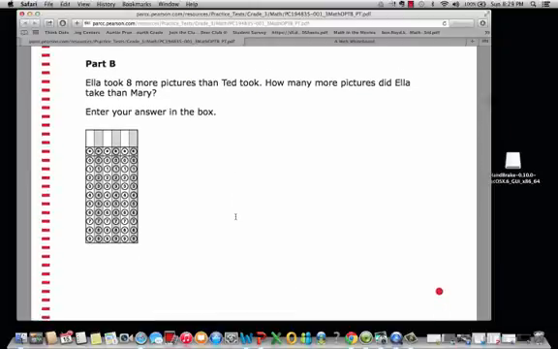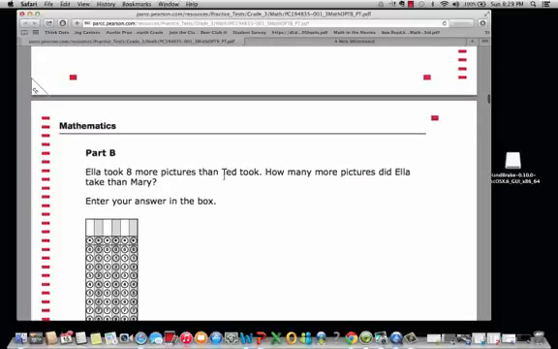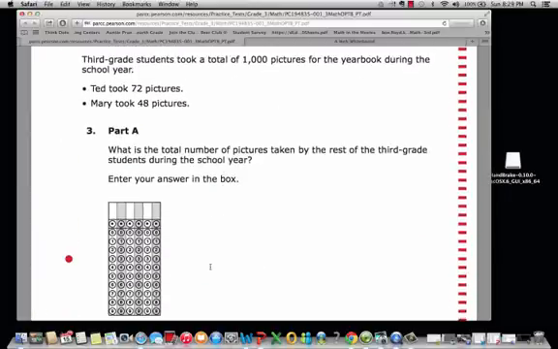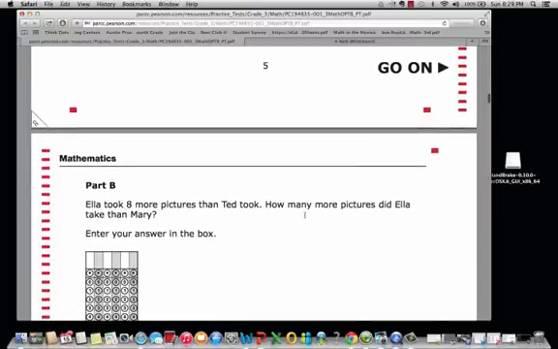Now, part 2. Ella took 8 more pictures than Ted took. How many more pictures did Ella take than Mary? Okay, we need to go back, figure out how many Ted took. He took 72, so 8 more than 72 would be 80. We need to figure out how many more Ella took than Mary.